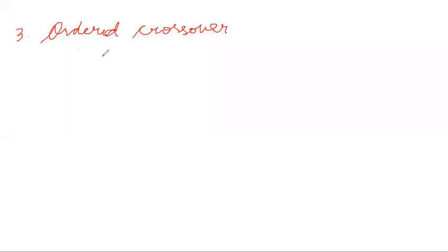Okay. So let's say we are again going to consider 2 parents for the ordered crossover. I can have again the same parents: 4, 3, 2, 1, 6, 9, 8, 10, 7 and 5.